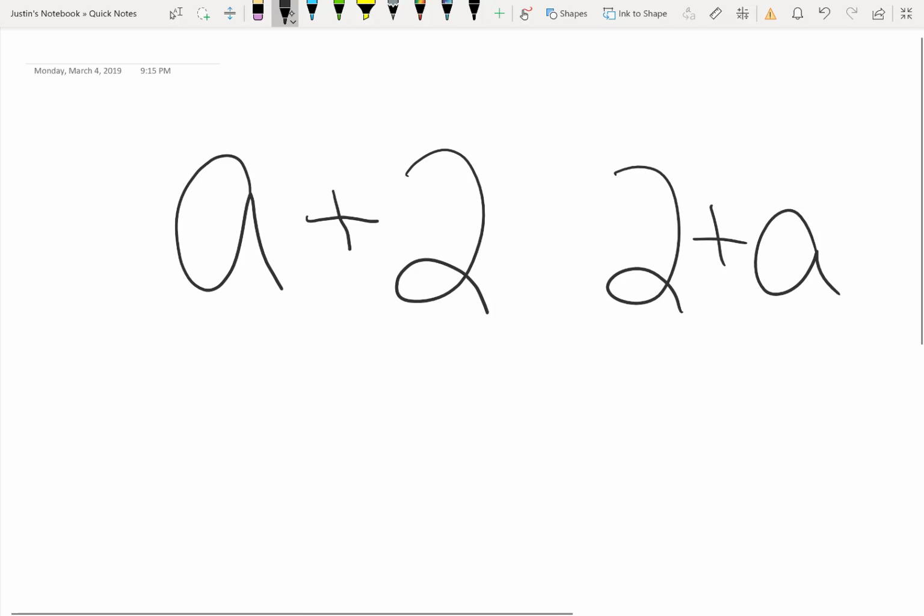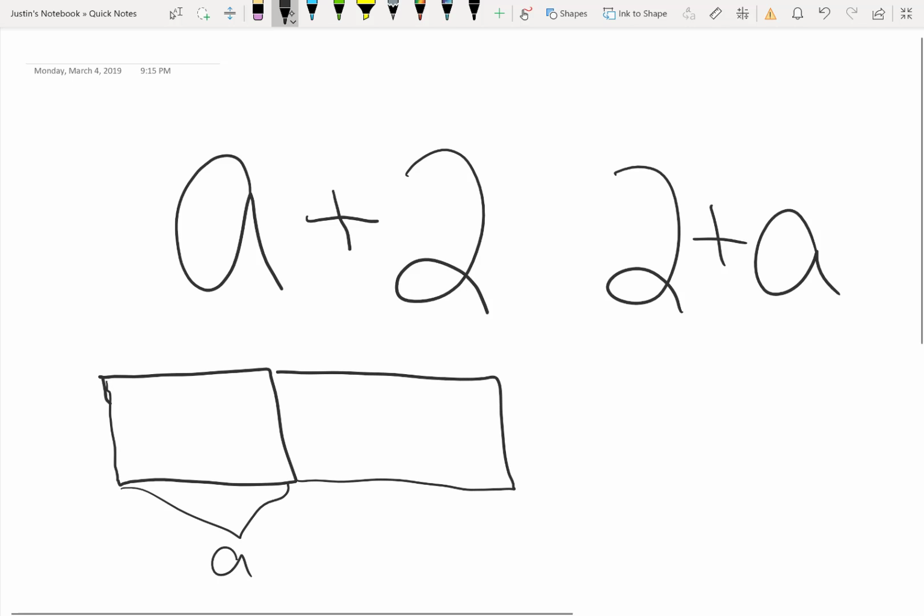All right, hang on one second. All right, so it'd be A and then 2, make 2 a little bigger. So that's A plus 2.